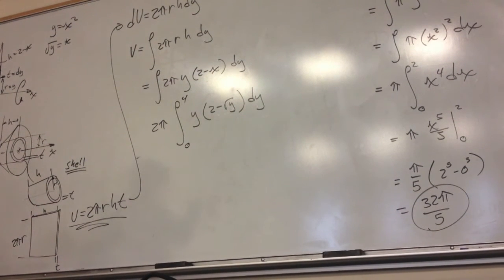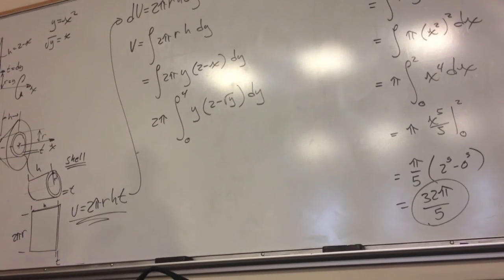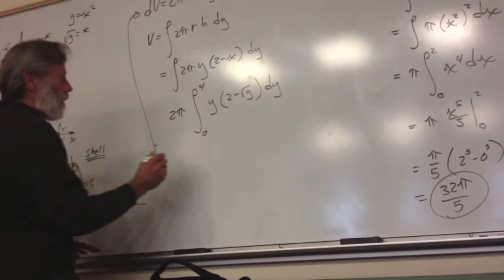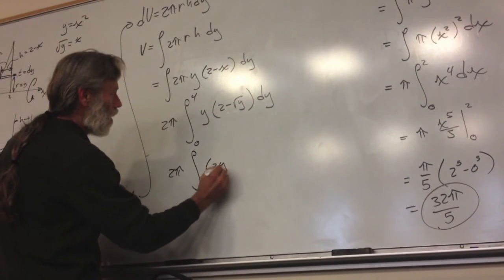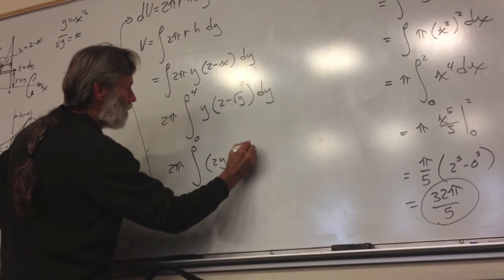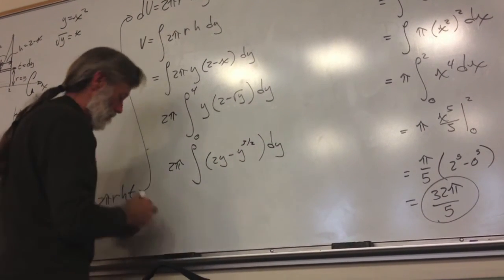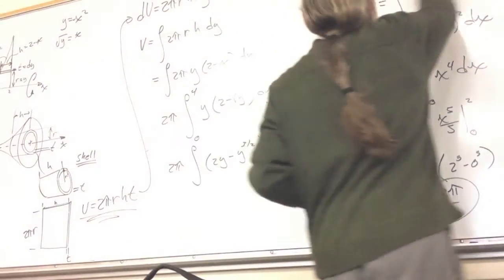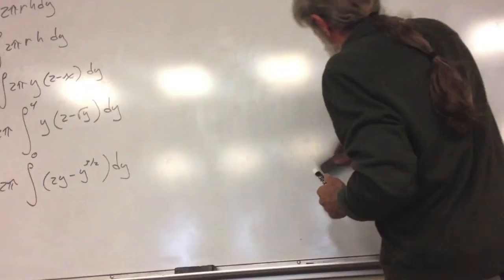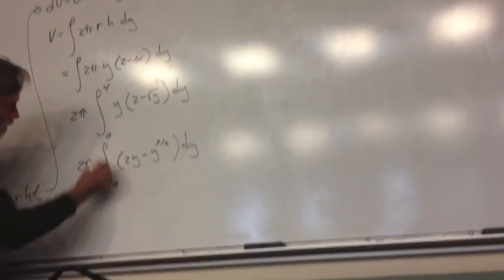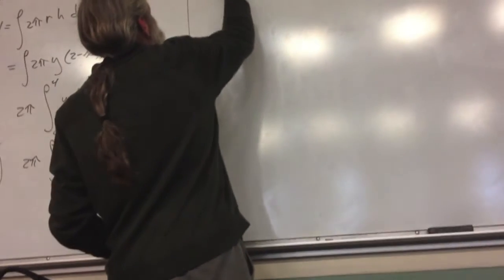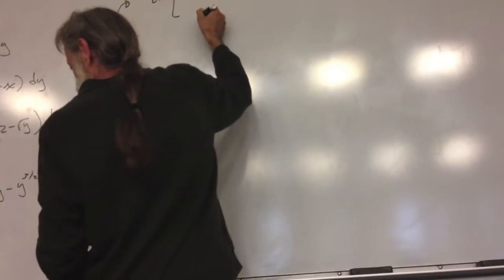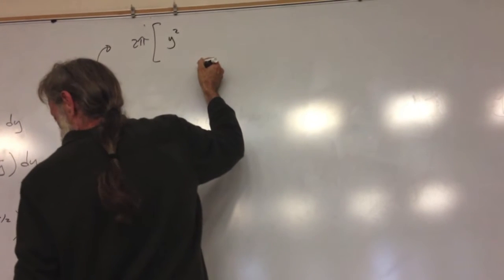Hopefully, integrating that, we'll get that same 32/5. So we have a 2 pi integral of the quantity 2y less y to the 3/2 dy, from 0 to 4. Process that. We have a 2 pi times 2y becomes y squared.